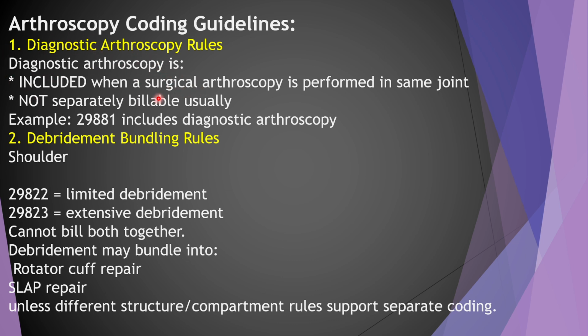For example, 29881 is a meniscectomy code, and this meniscectomy code includes the diagnostic arthroscopic procedure. For example, 29870 is an arthroscopic diagnostic, and the meniscectomy is also done. So can we code these two codes? No, we can't code these codes because 29881 is a major procedure that already includes the diagnostic procedure.